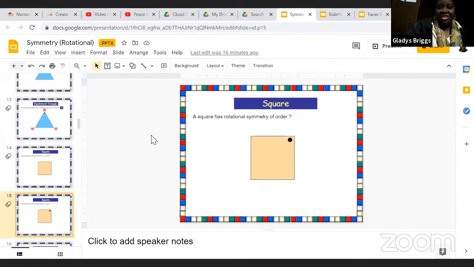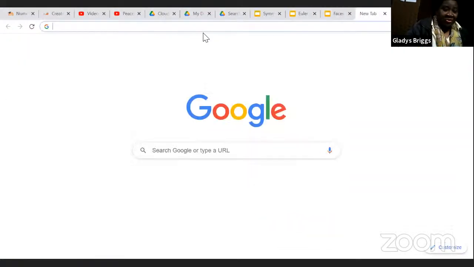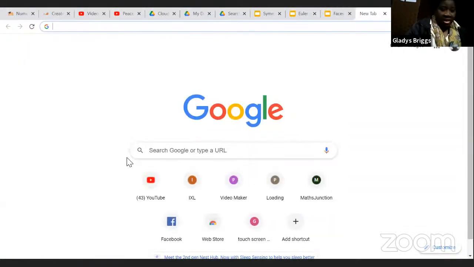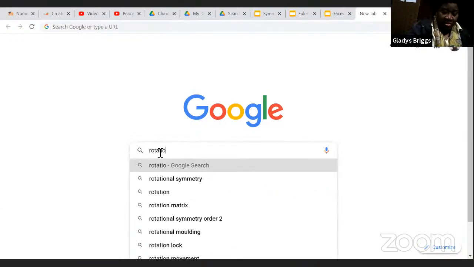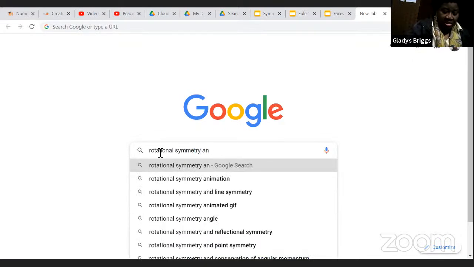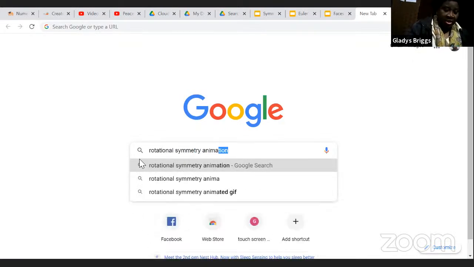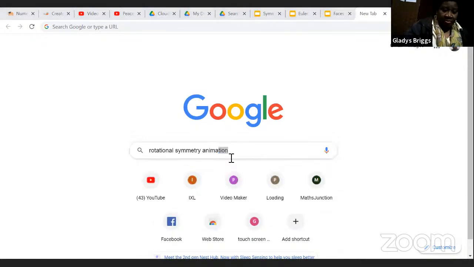Let me just search for it so that maybe we can find something that will show it. An animation type of thing. Rotational symmetry animation.